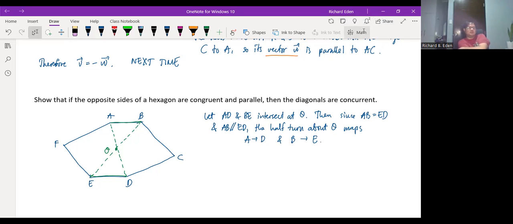So all we gotta do is show that FC passes through O. That's all we gotta do, show that FC passes through O.